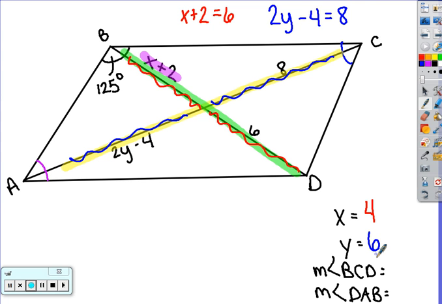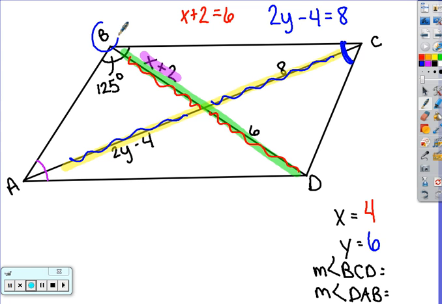The next thing we need to solve for is the measure of angle BCD, which is this angle here. There are two properties in our properties of parallelograms that talk about the angles in parallelograms. The first one is property 2. Angles opposite each other have equal measures. The next one, property 3, says the sum of any two adjacent angles is 180 degrees.